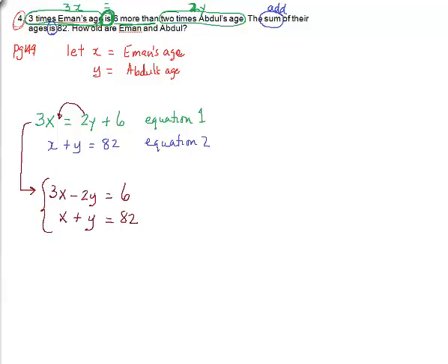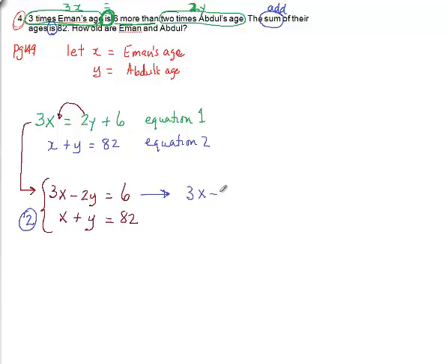Now we have to choose a method to solve it. So what would you like to use? Most common method is multiplication, addition, or often called elimination. I think I'll use that one as well. I can see that I have opposite signs with -2y and plus y, so I'm going to multiply the bottom equation by 2. I'm going to leave the top equation alone.